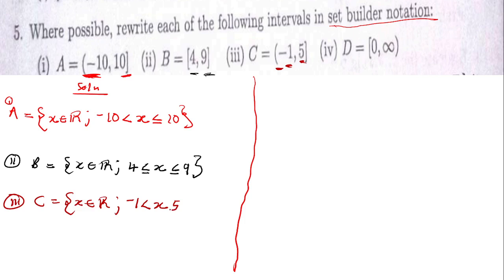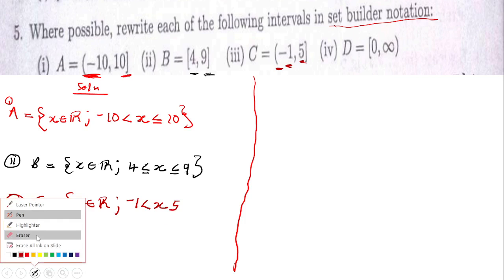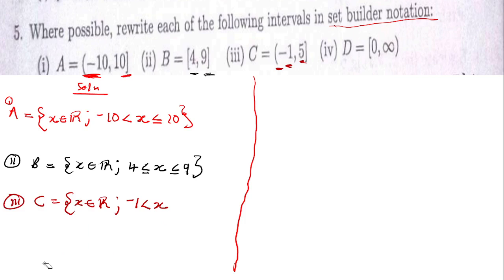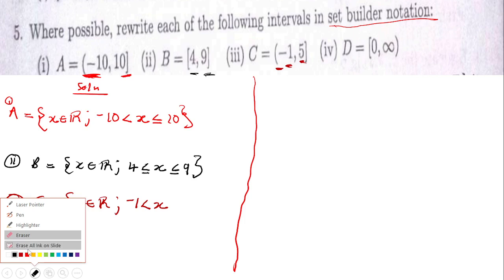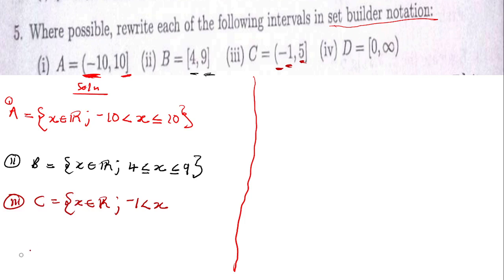You just don't have to write it like that. What you have to do is analyze the bracket on 5, which is the block bracket, so you put less than or equal to 5, then you put the bracket.